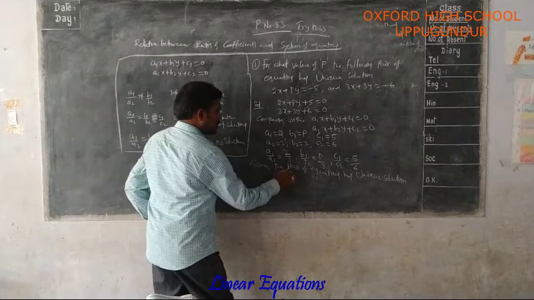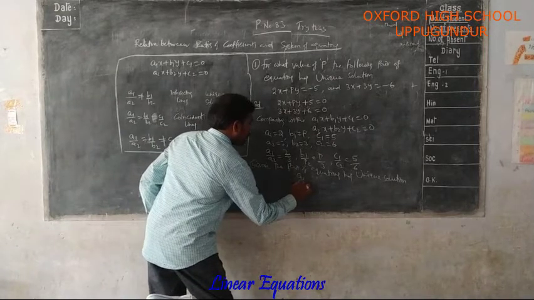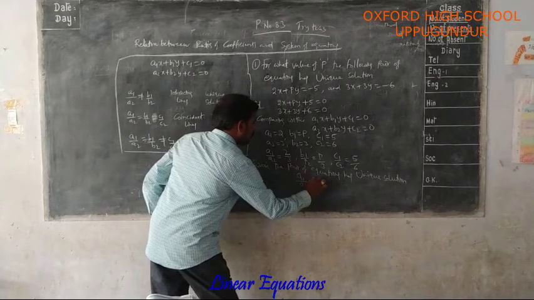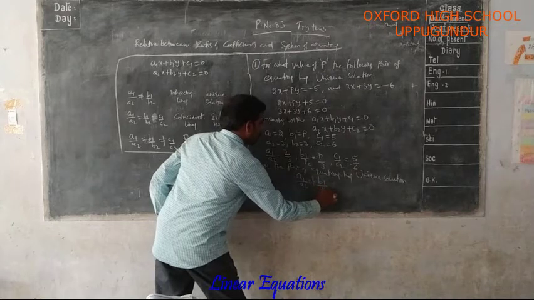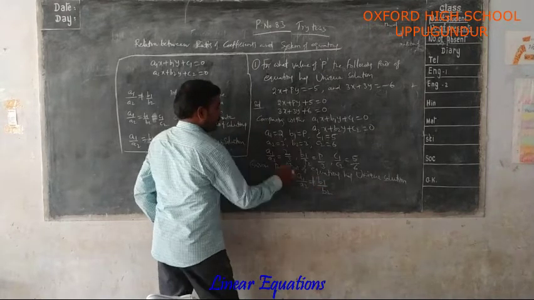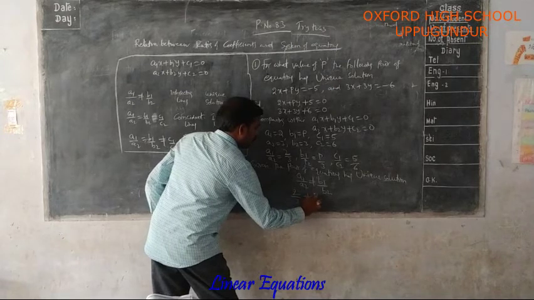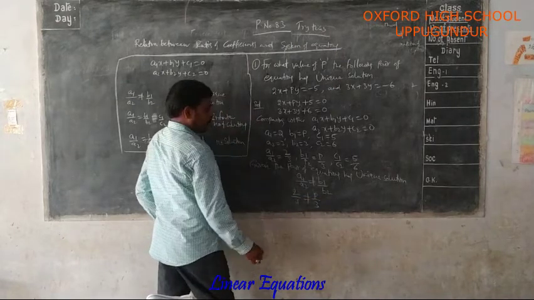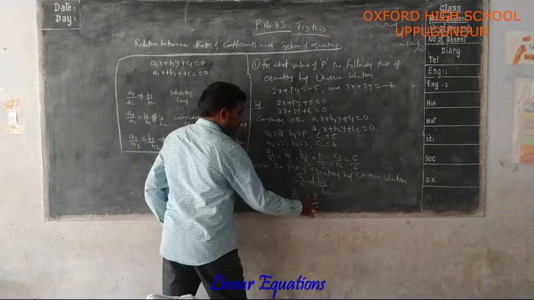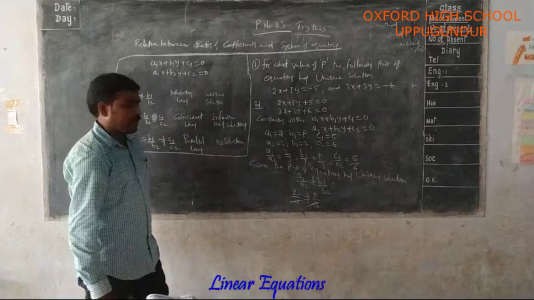So what are the values here? Therefore a1 by a2 not equal to b1 by b2, that is 2 by 3 not equal to p by 3. Here the denominators are the same, so removing the denominators, p not equal to 2.